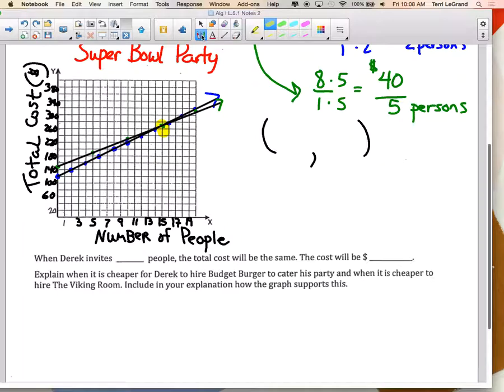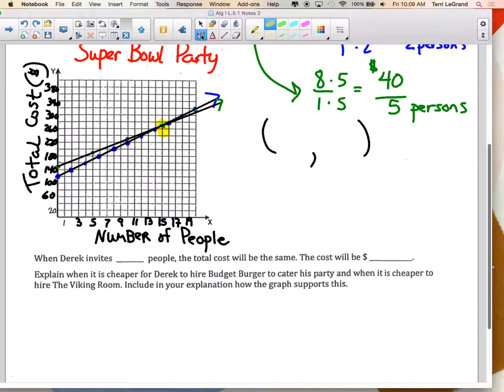Well, 270 equals 10 times 15 plus 120, which equals 270. So the x value checks out in both of them. Or you could disregard our equations and say, if I pay $120 to hire Budget Burger and they charge $10 per person, that's 10 times 15, that's $150, and 150 plus 120 is 270, right?